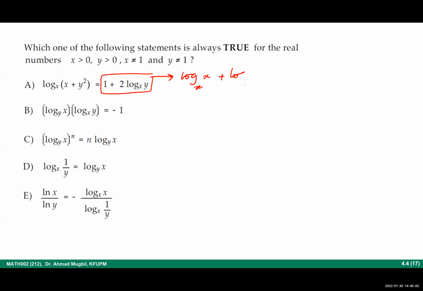Because I need the same log with the same base. Now by the addition formula, or the multiplication formula, this is log x of x multiplied by y squared. Okay. Now, this is not for sure. This is not the log of the sum.